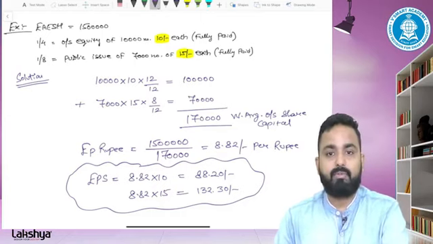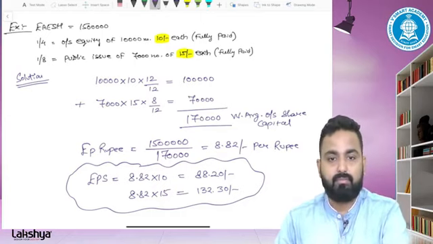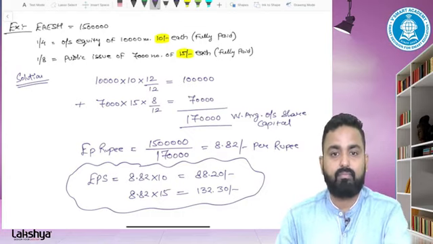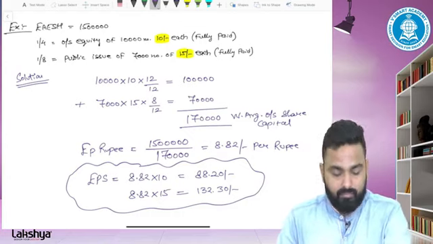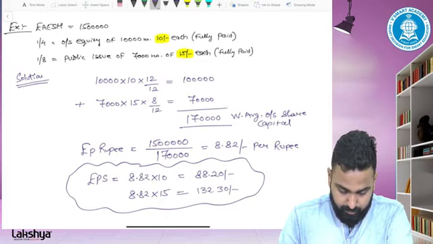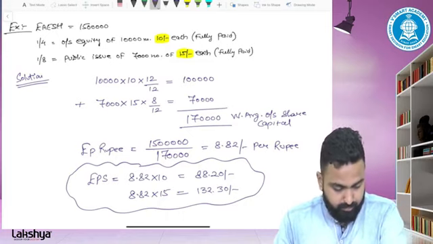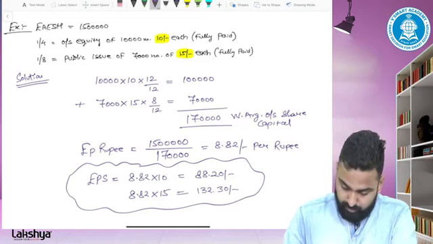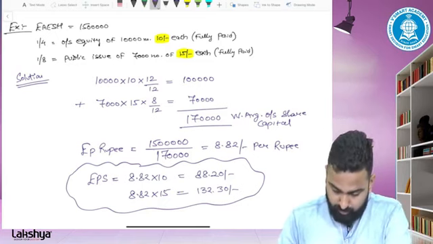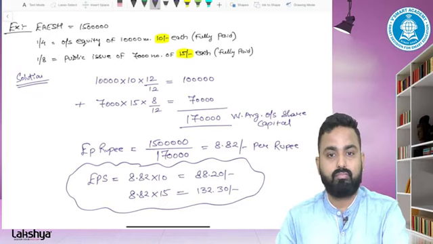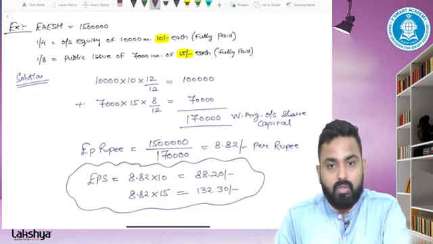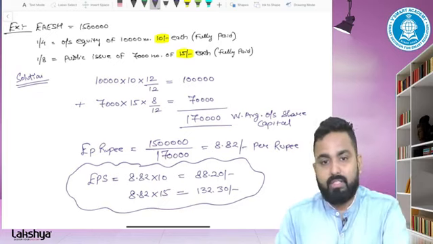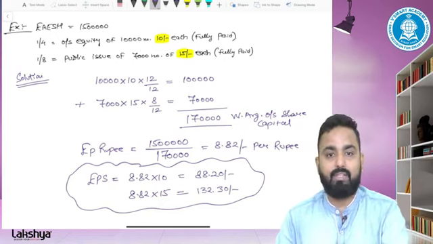Their calculation must be incorrect. Nobody is responding other than Rashmi and Binu.